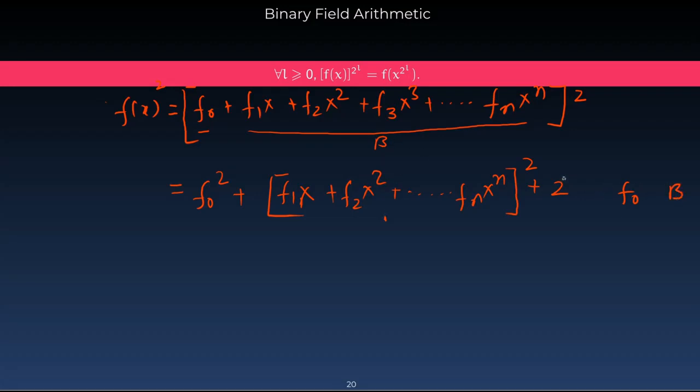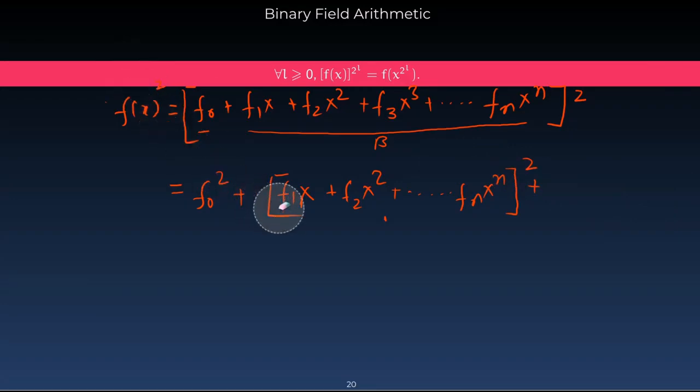Now what is 2? Anything which is greater than 1 has to be converted back to modulo 2 format. If you divide 2 by 2, the remainder will be 0. So this 2 becomes 0. Since it is 0, we can rule these cross terms out.